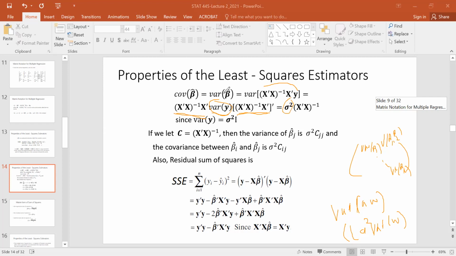So once we take this sigma squared, it's a constant, so it can be factorized out. So I'm saying this is a constant, it becomes sigma squared I, so you can factor this out.